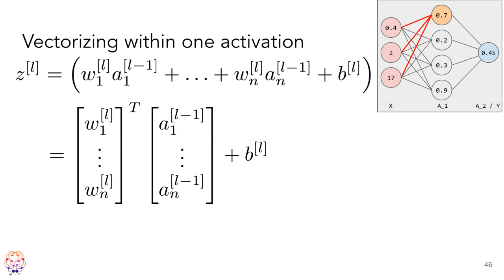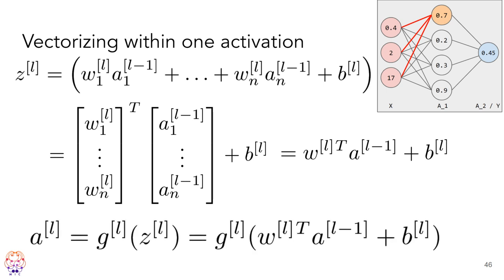They multiply by a row, and we add a bias, and that turns out to be equivalent to the top one. And so we simplify that and just call it W_L transpose A_(L-1) plus b. And then we can do the same thing. Because z is a scalar, we're just applying a function g_L on that scalar, and it should give us one value. Any confusion on this?